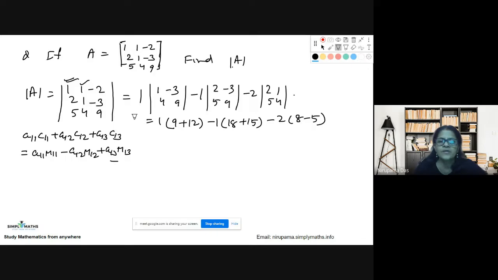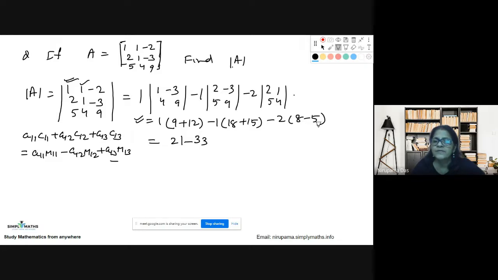You can directly do from this step also if you are very confident or you think you can do it. Later on we have to do it like this only; every time we do not write the determinants. It is a matter of practice. So 1 into 21, 21. Then minus 33.